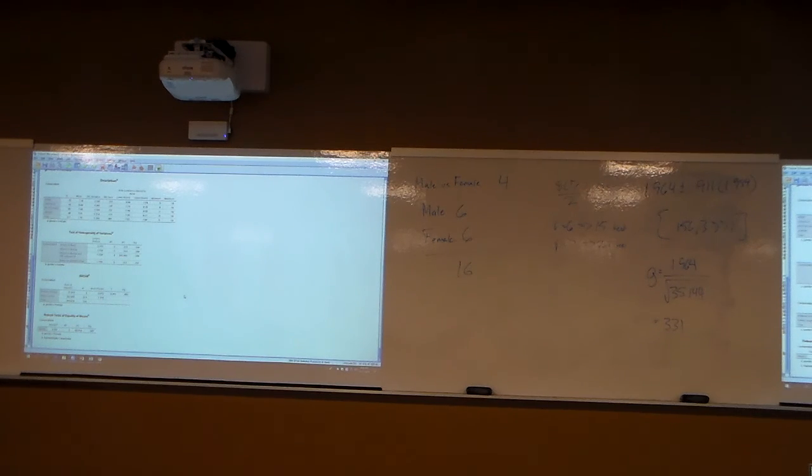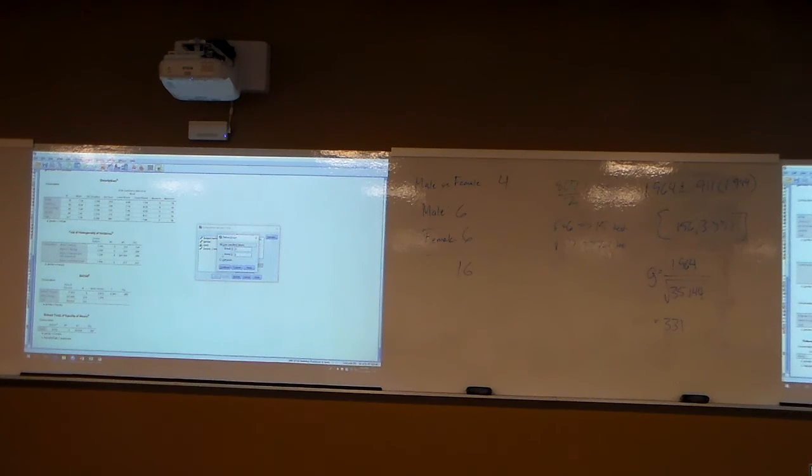So what I can do is go through and say analyze, and I need to look at independent samples t-test, okay? And I'm looking at conservatism across religious affiliation, right?